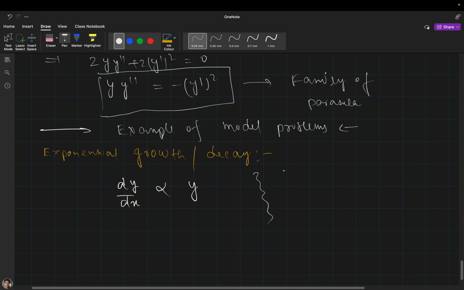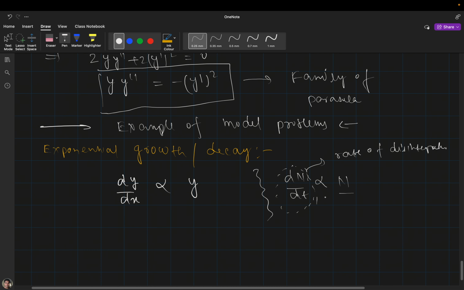You can see that this is nothing but the rate of disintegration, and the rate of disintegration is directly proportional to the amount of that element available.